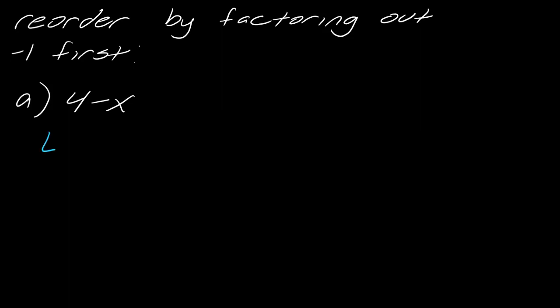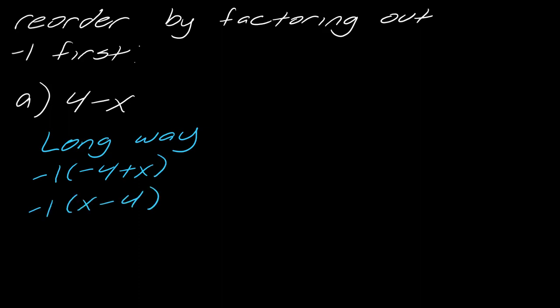So first, let me write out the long way. This is the way that I've been showing you so far. First I factor out -1, then I reorder. This is the long way of doing things, and this is what I'm asking you to do in this exercise. But where I want to go with this is a shorthand way.